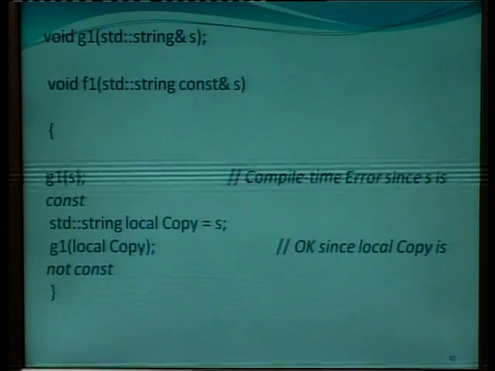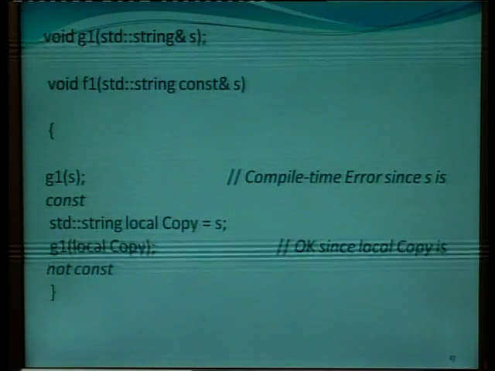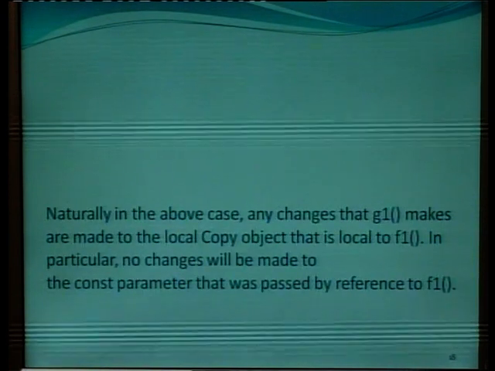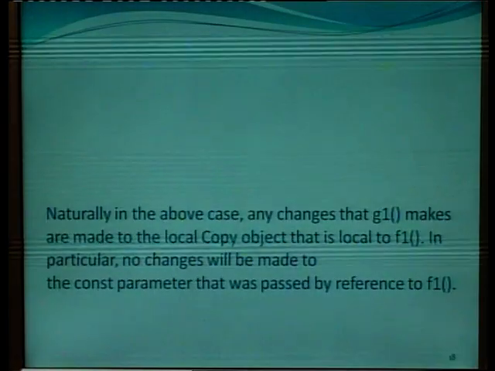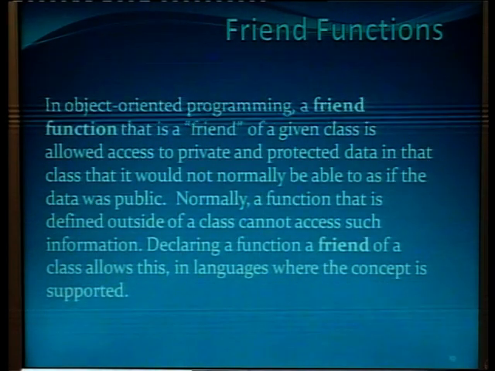So the local copy in g1 should be changed, while the original remains the same, the constant parameter that was passed by reference to f1.